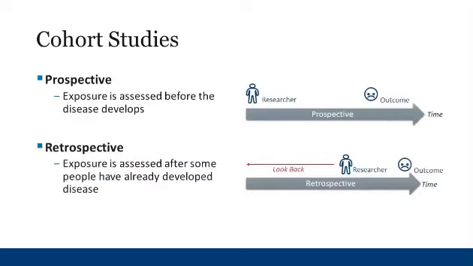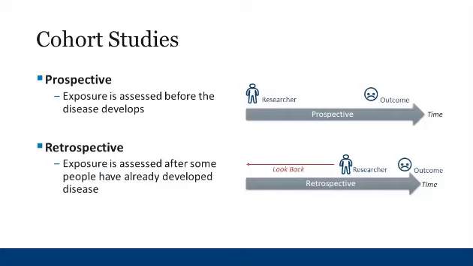Now, this can sometimes get a little tricky because there are two types of cohort studies. There's a prospective and a retrospective. Prospective, pretty straightforward. It's how you would think of a cohort study. You assess exposure and then follow patients to disease. However, with a retrospective study, you assess exposure after some people have already developed the disease.